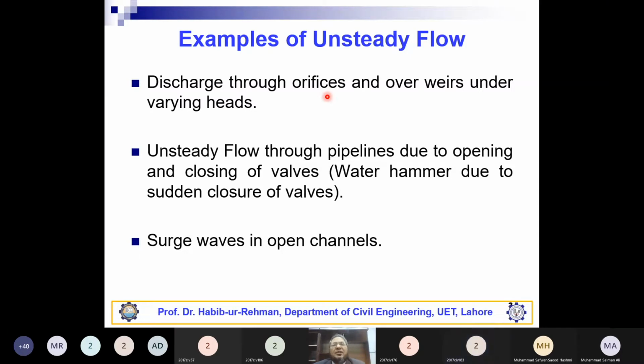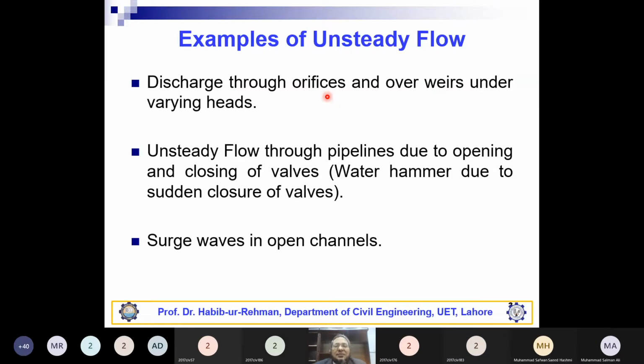That will decrease. So small h, which is the head causing the flow, would it remain the same, or would it change? Please respond to me. Decrease, sir. It will change, sir. It will decrease.